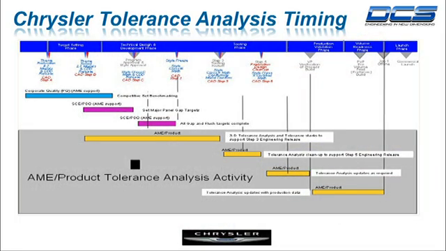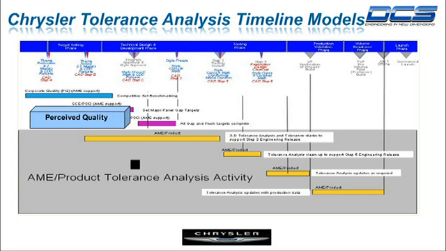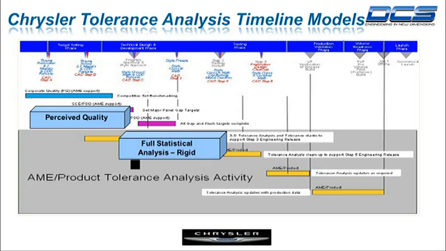Chrysler was a customer applying this variation analysis process throughout their entire development process, starting with perceived quality very early in the development stage, and then through the use of advanced manufacturing engineering, applying full statistical analysis on rigid bodies, and then on compliant assemblies, taking into account the effects of tooling and processes in the manufacturing aspect of the product.